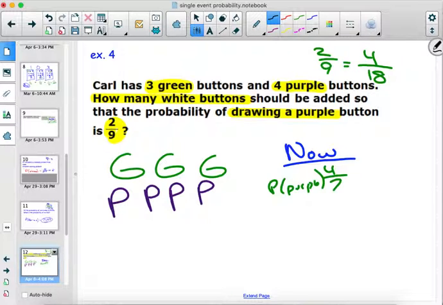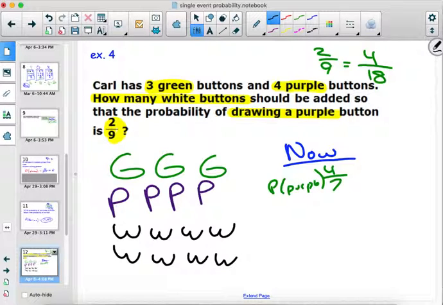What is the answer? 8. Let's see, 1, 2, 3, 4, 5, 6, 7, 8. The probability right now would be 4 out of 15. No, you gotta keep adding them, right? How many more? 3 more.